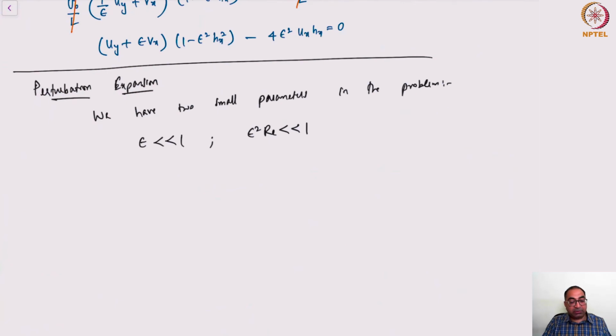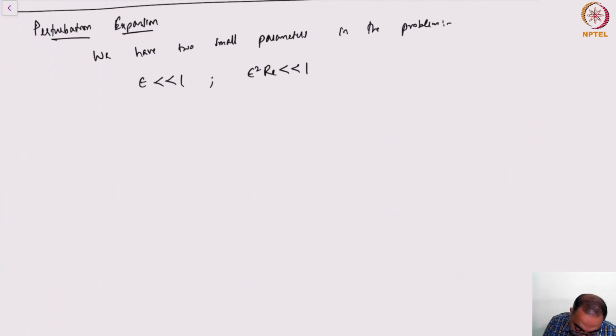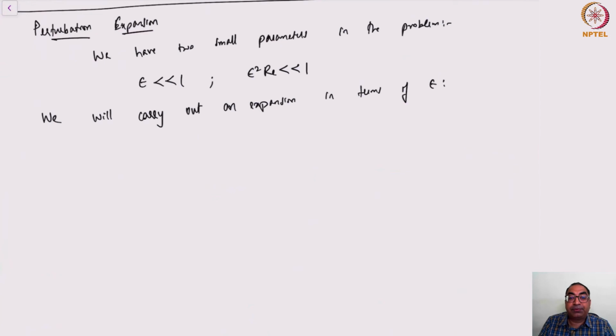And what does this allow me to do? It allows me to expand all the terms in terms of epsilon. So we will carry out an expansion in terms of epsilon.